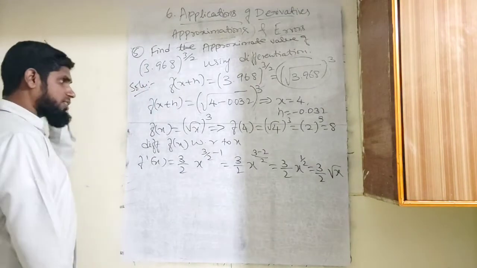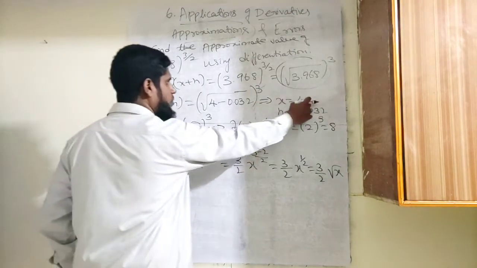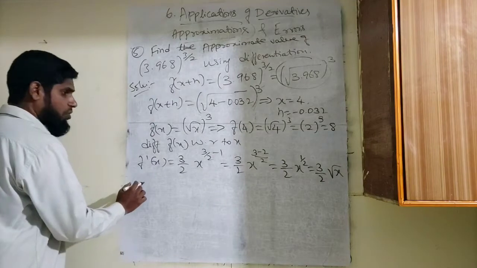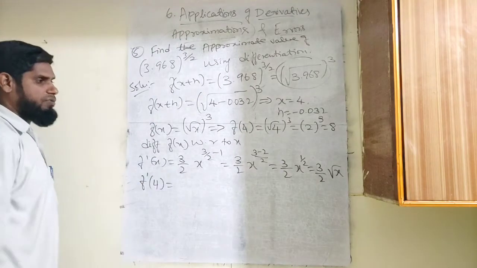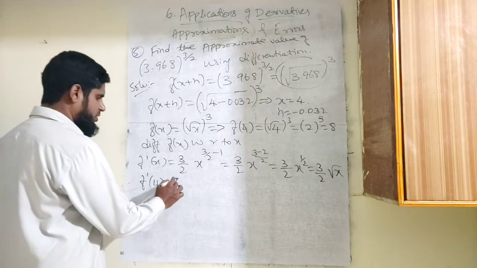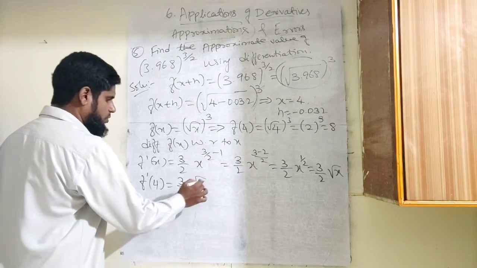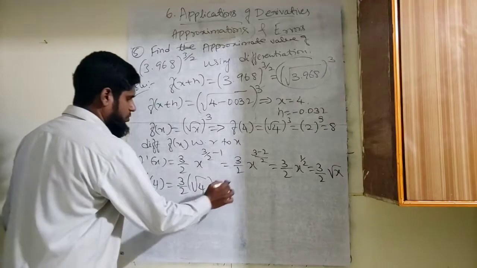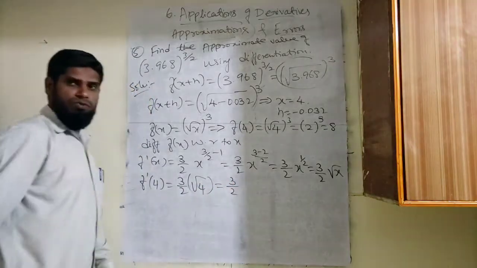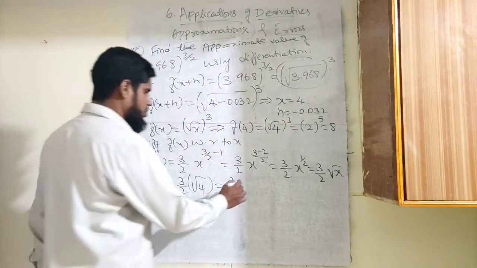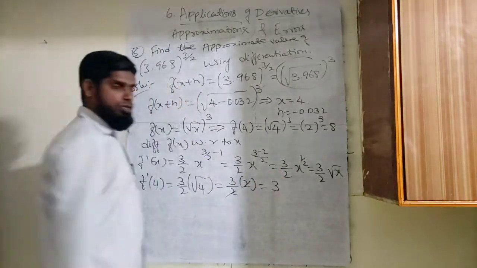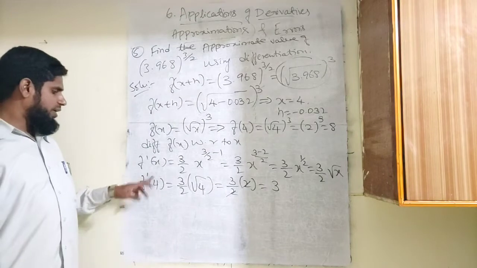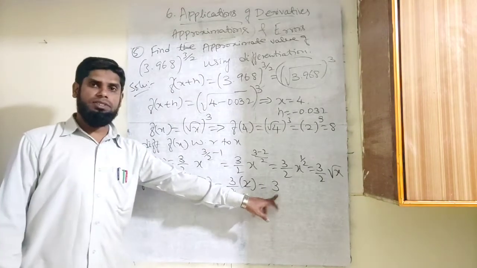The value of x is 4, so f dash of x is 3 by 2 root 4. Root 4 is 2, so this 2 and this 2 get cancelled. Finally, my derivative at x is equal to 4 is 3.